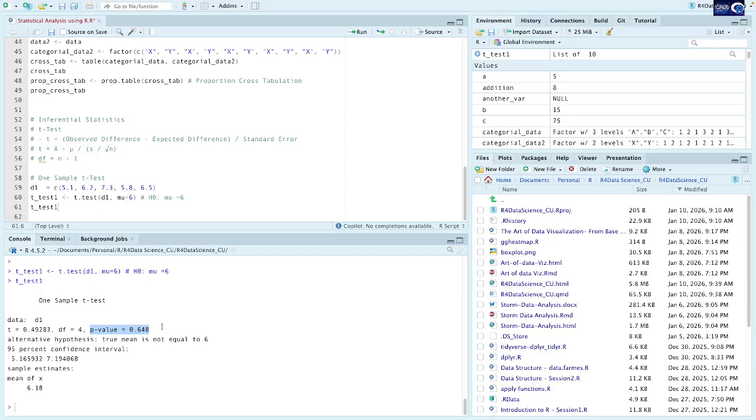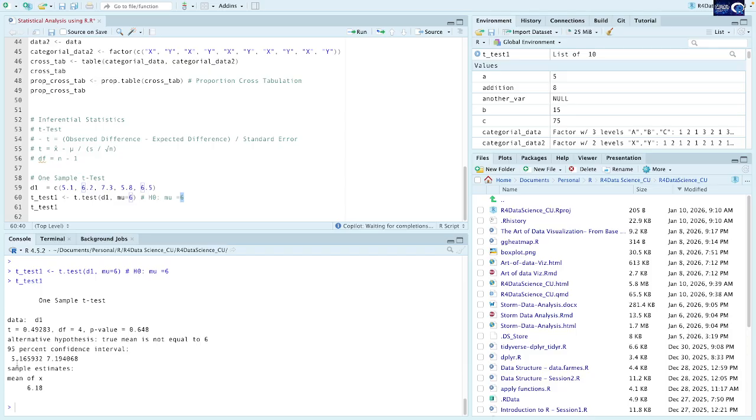The confidence interval will not include the hypothesized value. So if the p-value is less than 0.05, you can also check that the confidence interval does not include the hypothesized value.